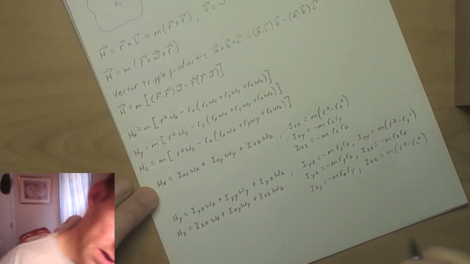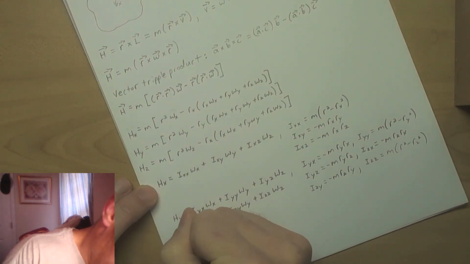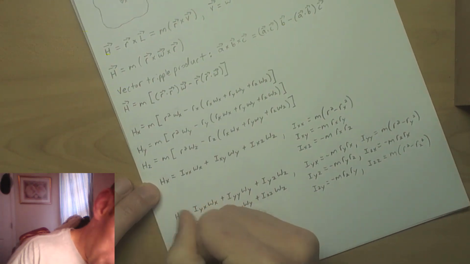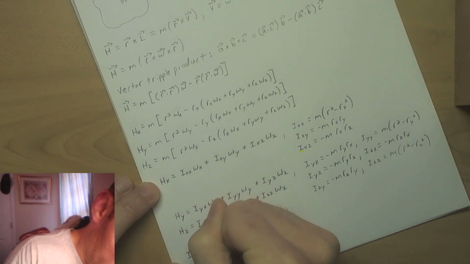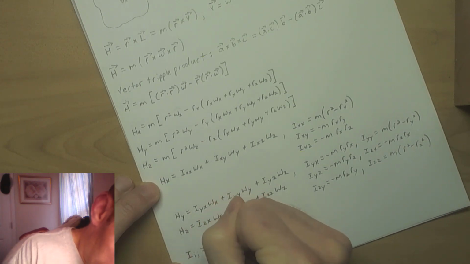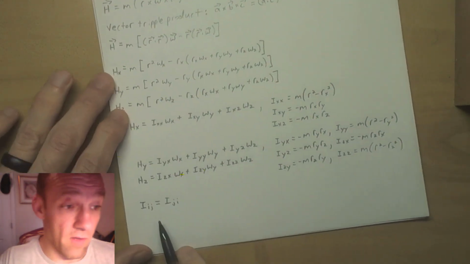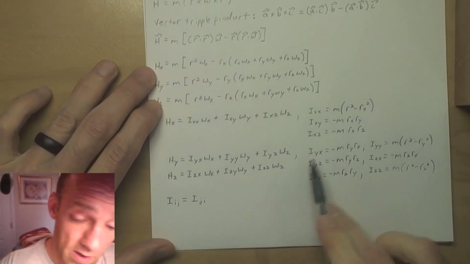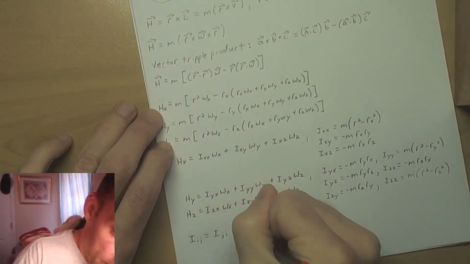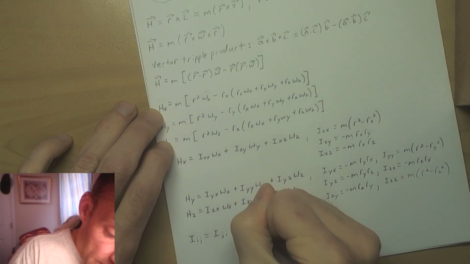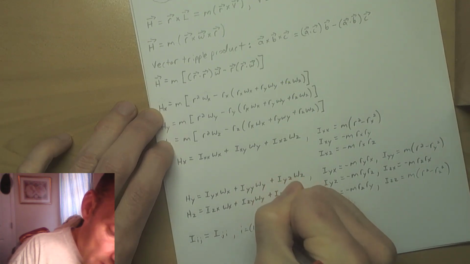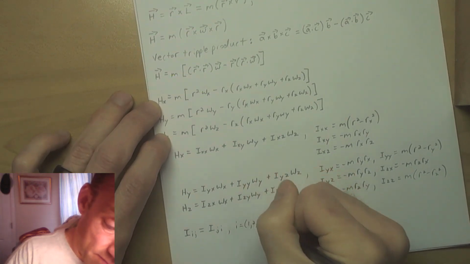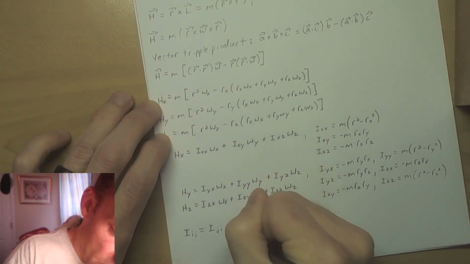So just to drive that home, the coefficients Ij are equal to the same coefficients if I reverse the order. This is common notation, right?